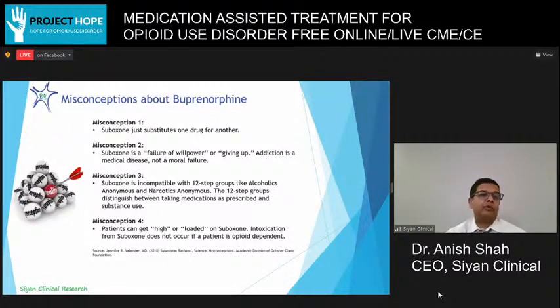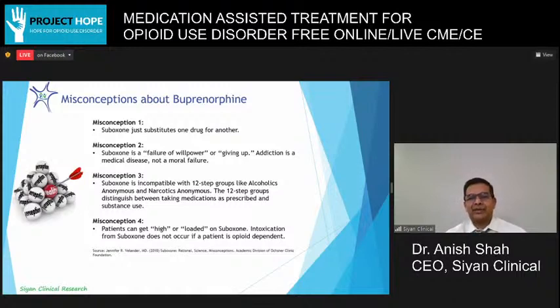Moreover, when buprenorphine is taken with a stimulant like cocaine or amphetamines, it can also cause the loaded effect or the high that you generally see in patients.